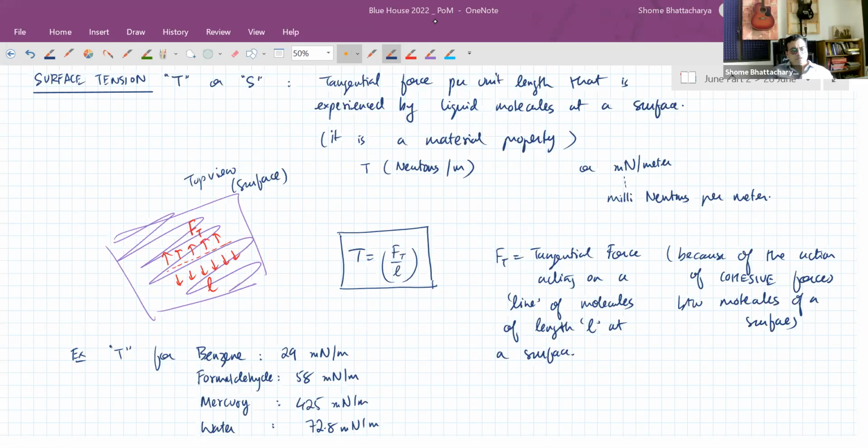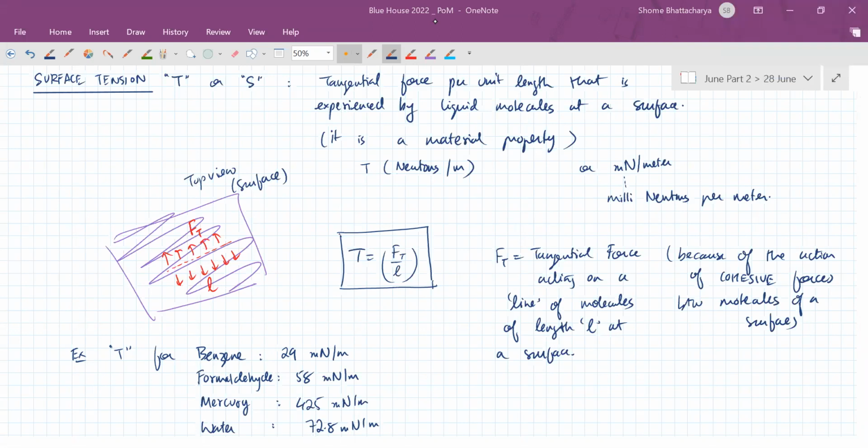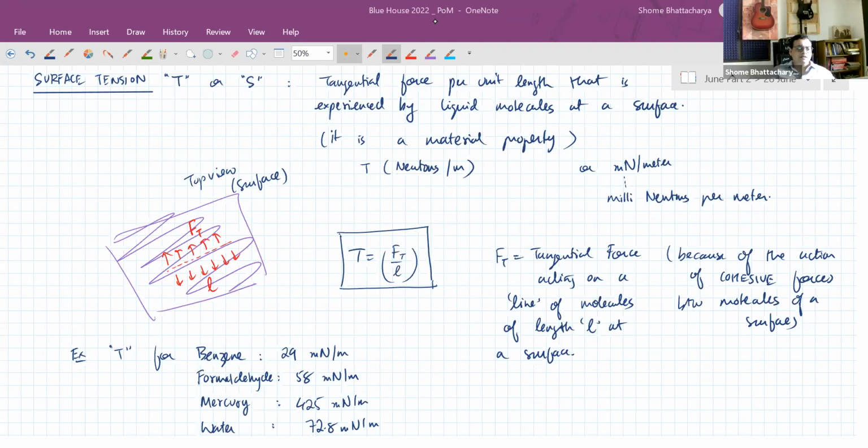Elemental gallium is very soft. It has a very high amount of ductility and very low tensile strength.